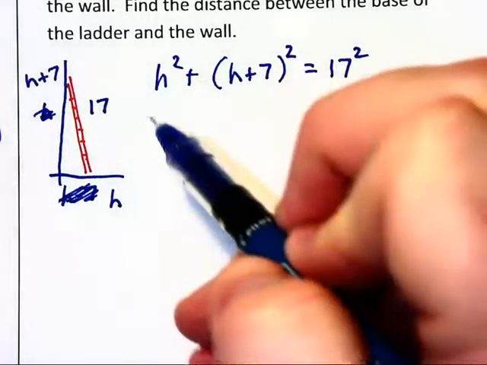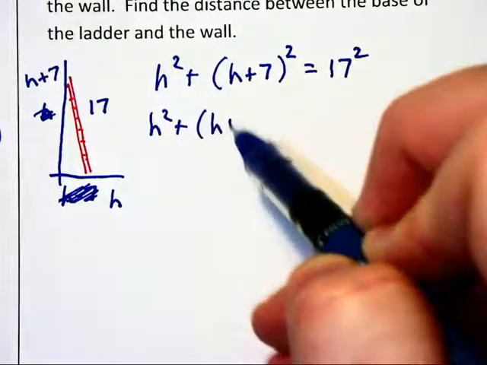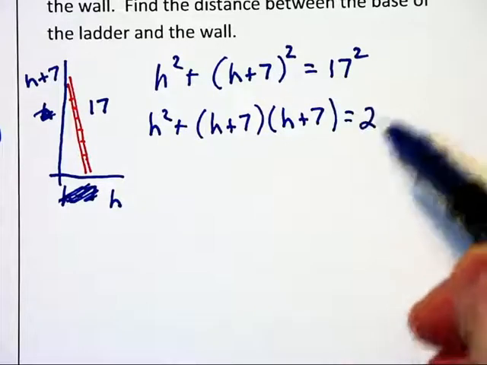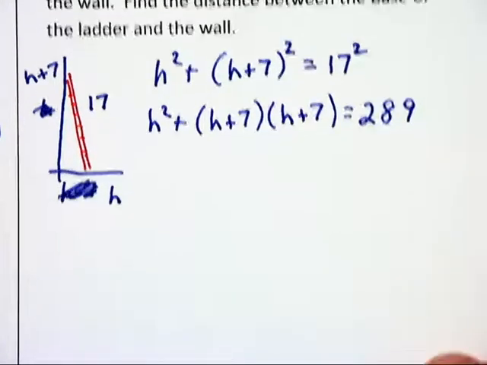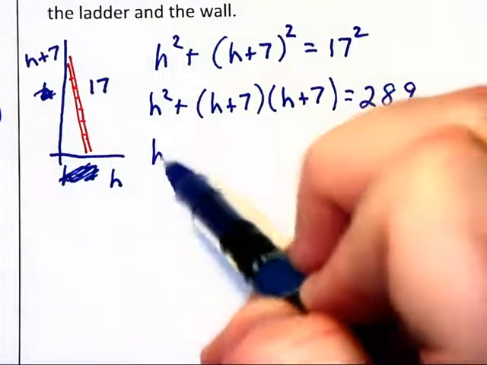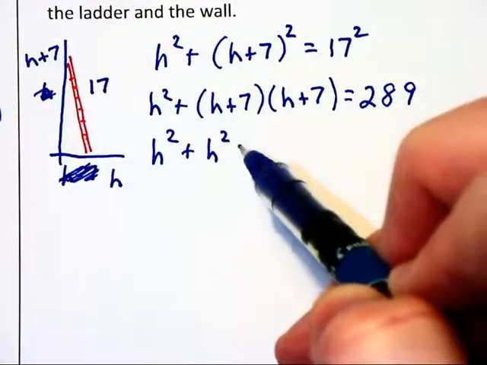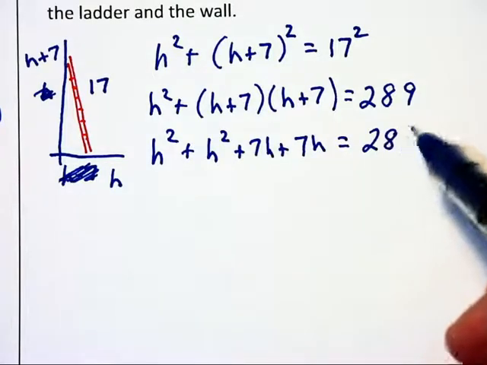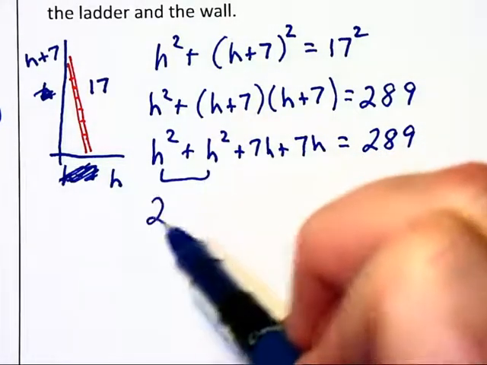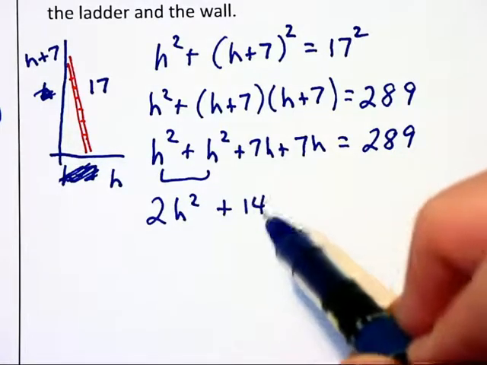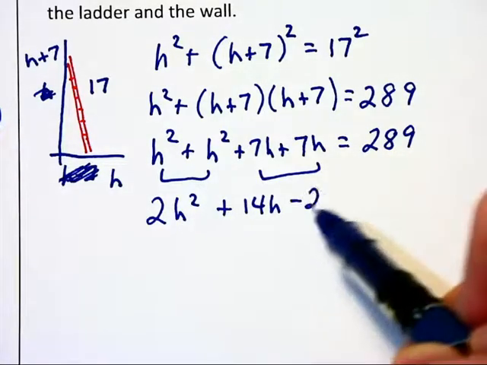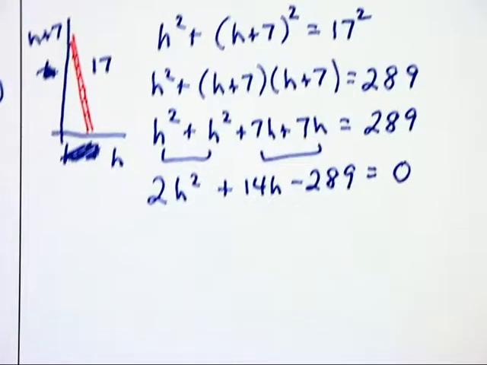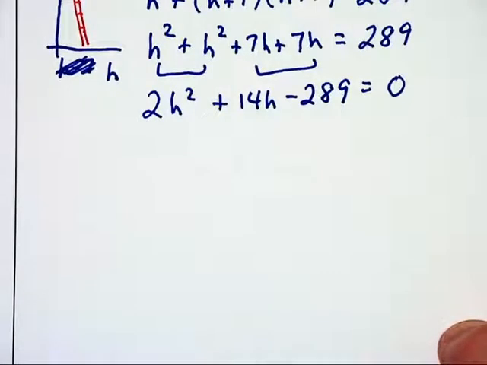And we're going to rewrite this as h squared plus (h plus 7) times (h plus 7) again is equal to 289. It's cleaning up now. We're going to have h squared plus h squared plus 7h plus 7h plus 49 equals 289.